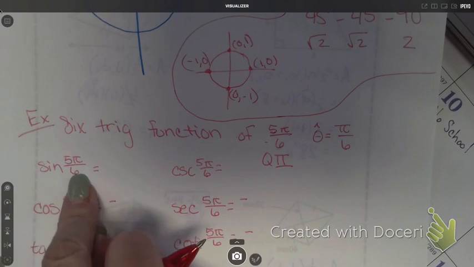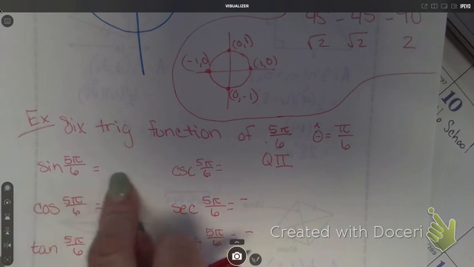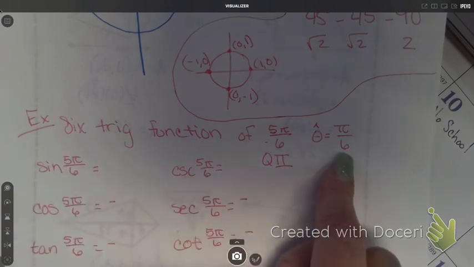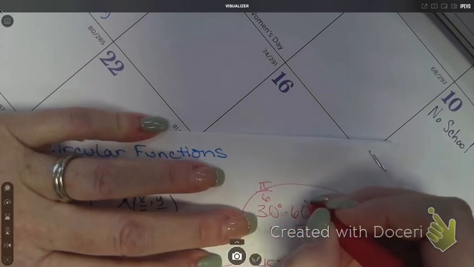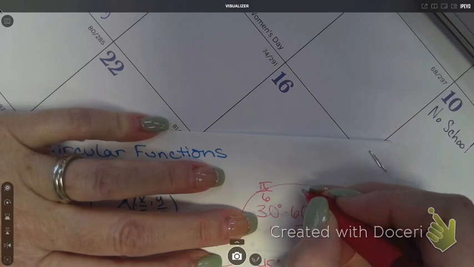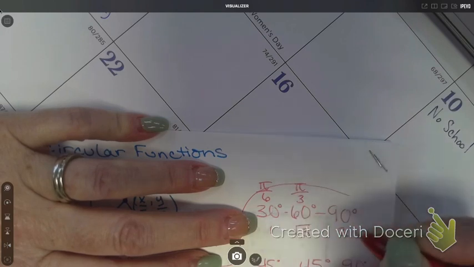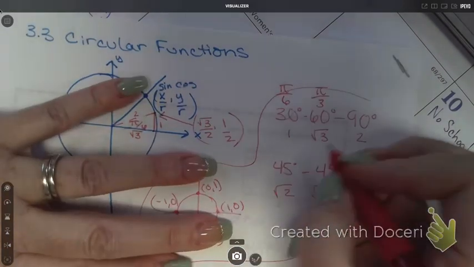Okay, so do I need to do all of these? Do I need to do it for 5 pi over 6 even? I only do it for pi over 6, which is 30. What's 60? Pi over 3. What's 45?